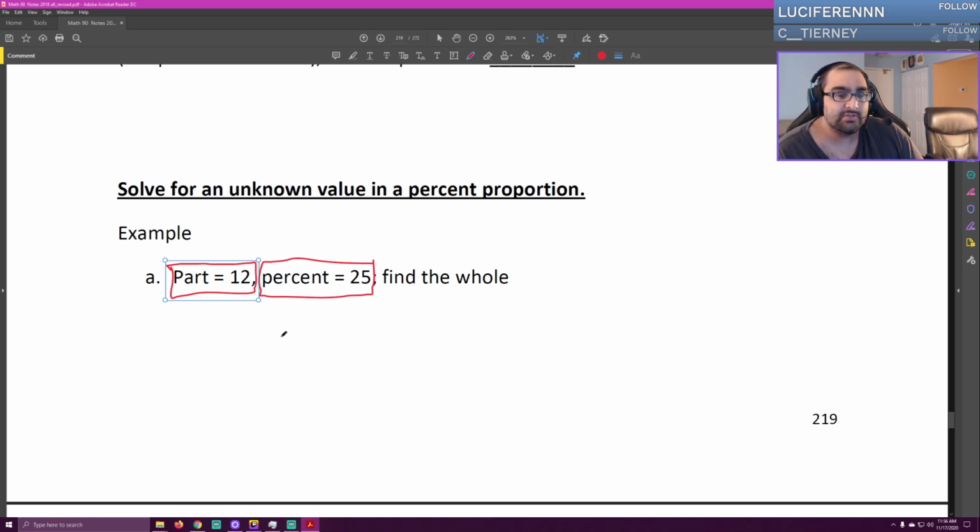Well, 12 out of something is equal to 25% of whatever. Doesn't really matter. What matters is the setup for problems like these. So let's talk about the setup for how to find, in this case, the whole part.